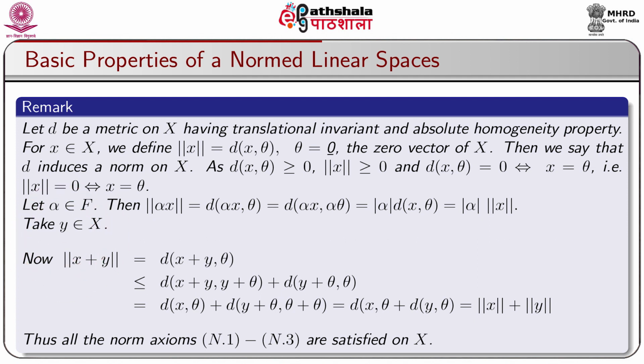Take y to be any element of X. Now the norm of x plus y is equal to d(x plus y, theta), which is less than or equal to d(x plus y, y plus theta) plus d(y plus theta, theta), which equals d(x, theta) plus d(y plus theta, theta plus theta). The first one comes from the translational invariance property of d, and theta is equal to theta plus theta, so this is equal to d(x, theta) plus d(y, theta), which is the norm of x plus the norm of y.